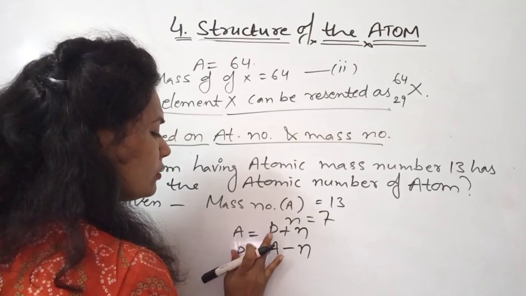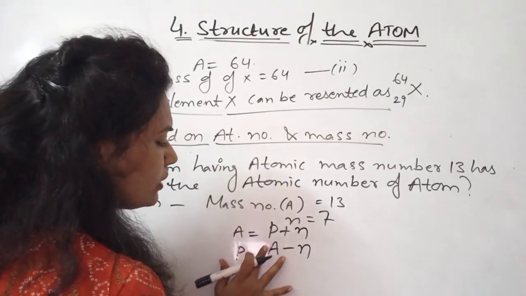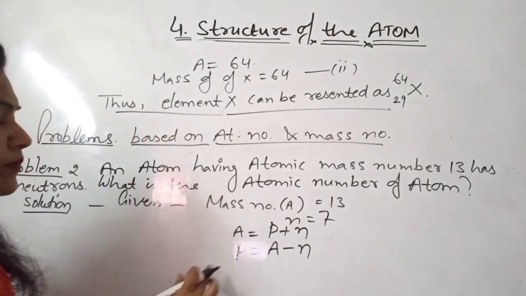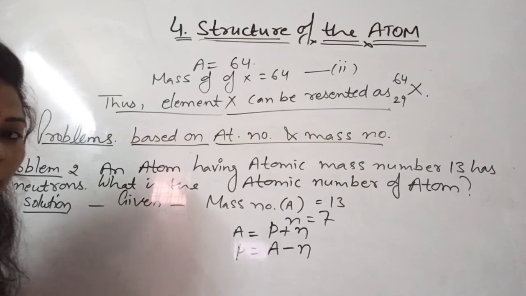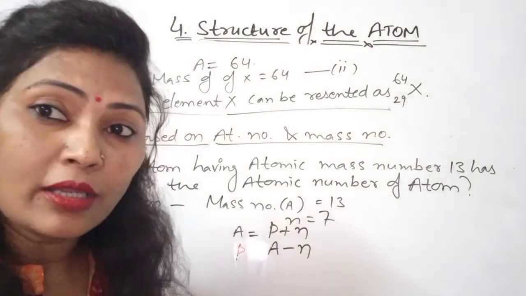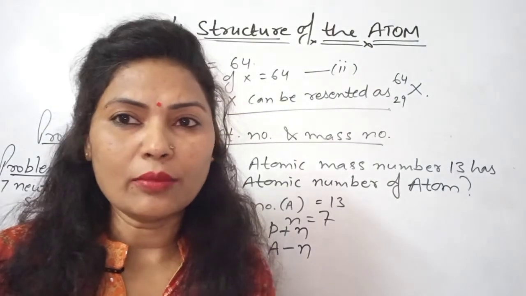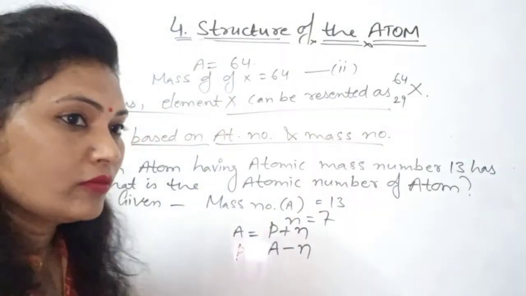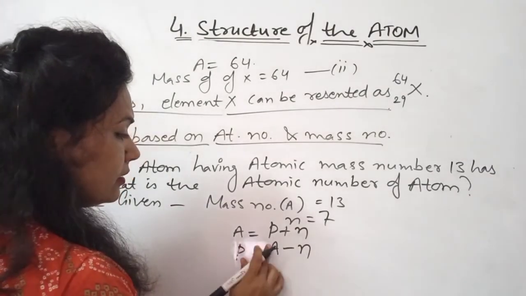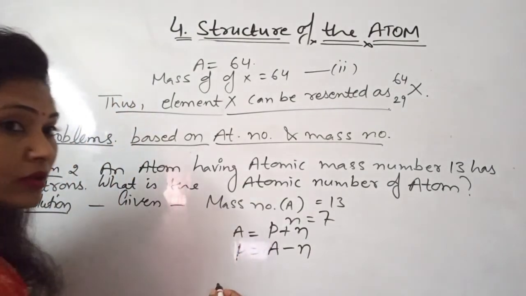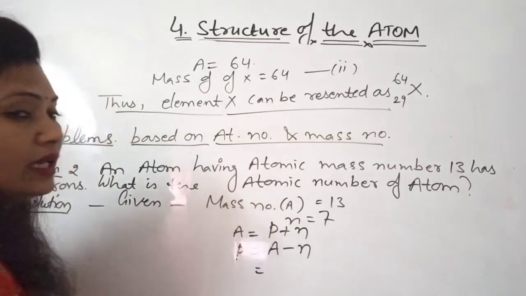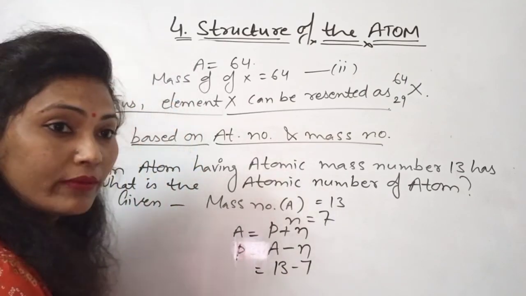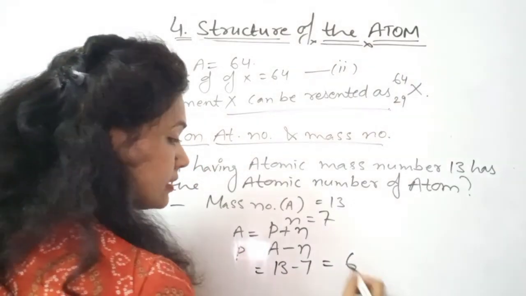And protons are equal to the atomic number, so we can find the atomic number easily. For example, A is 13 minus 7, so we get 6.